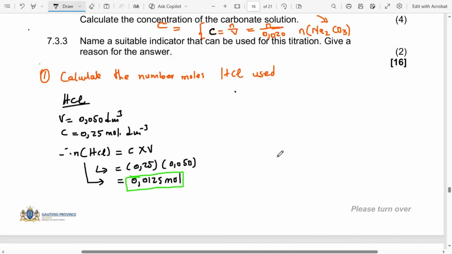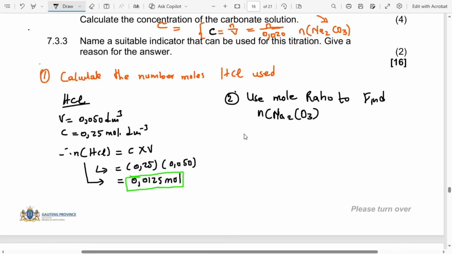Okay, so what's next? That was step one. Step two, you're going to use the mole ratio to find the number of moles of that Na2CO3.